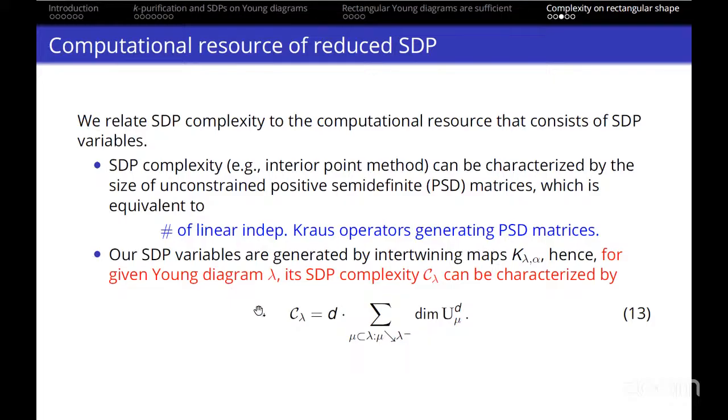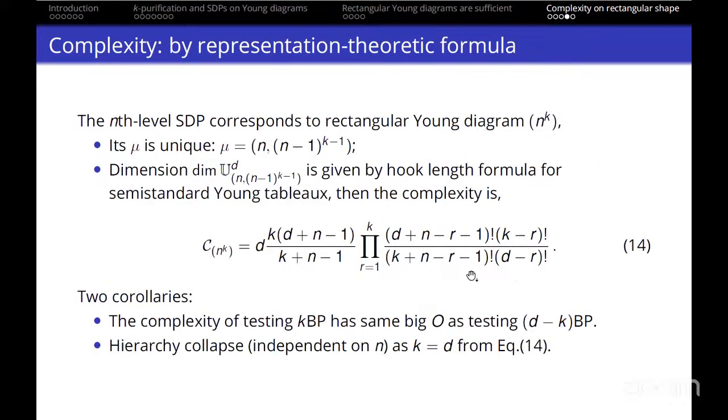So in this way, we can characterize our SDP complexity by this equation. This is just the sum of dimensions of irreducible representations of unitary K, unitary D, sorry. And now by Hook-content formula for the semi-standard Young tableau, under the rectangular shape of the Young diagram, we can compute clearly the complexity of the SDP.